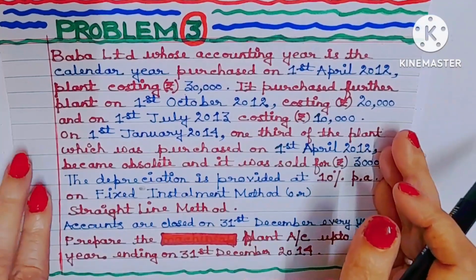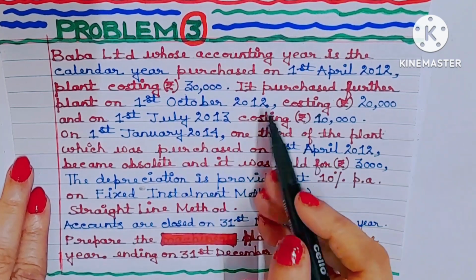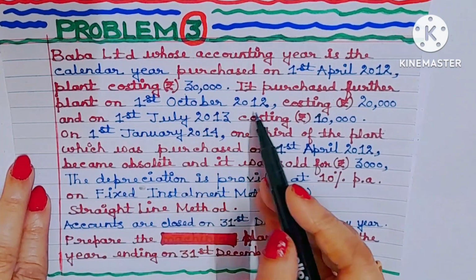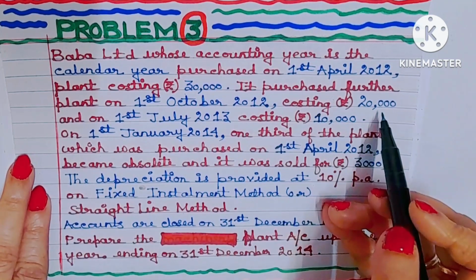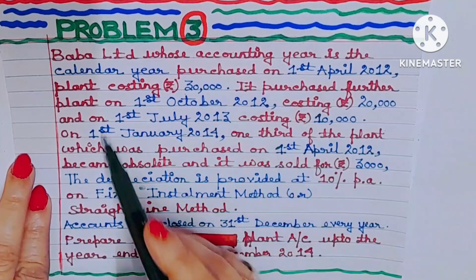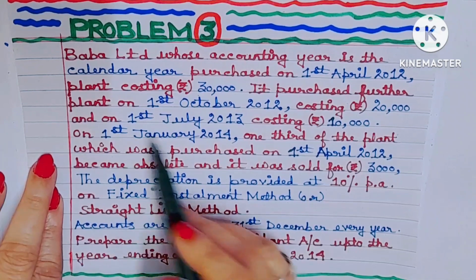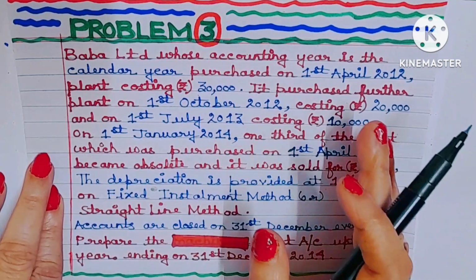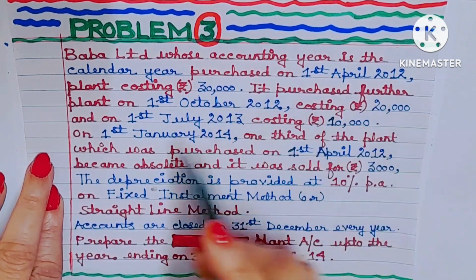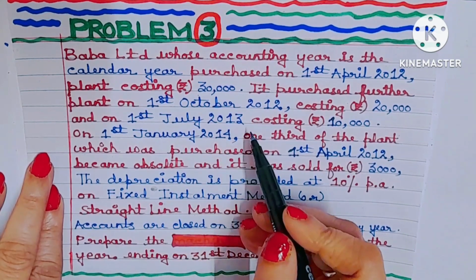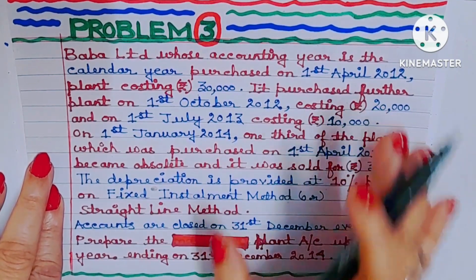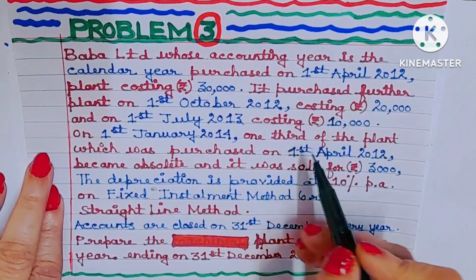Okay. Let's go through the problem again. It purchased a plant on 1st October 2012 costing rupees 20,000. We did it. On 1st July 2013 costing rupees 10,000, Baba Limited bought another plant. On 1st July 2013, Baba Limited has purchased the third plant for how much? 10,000.